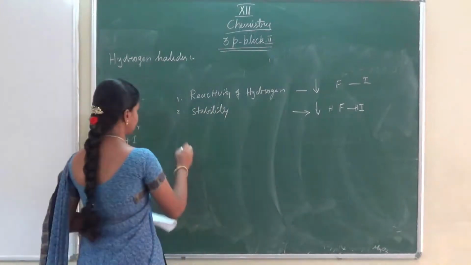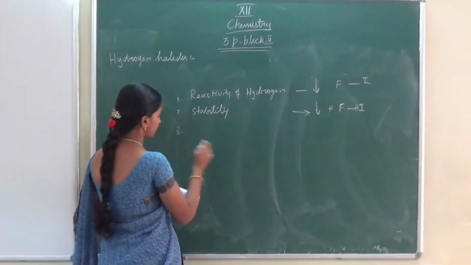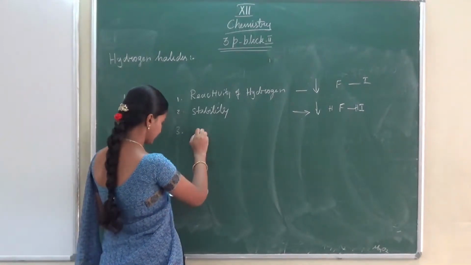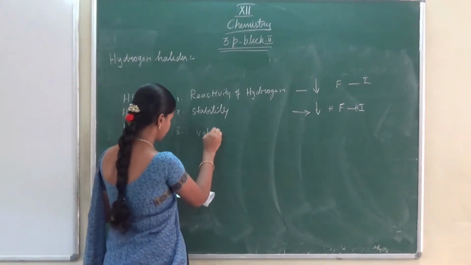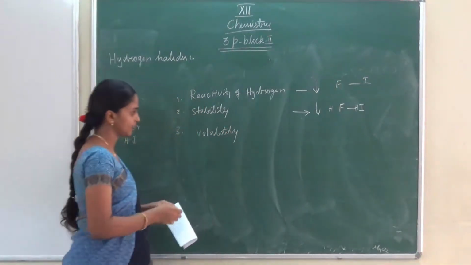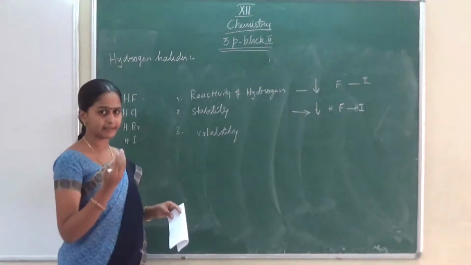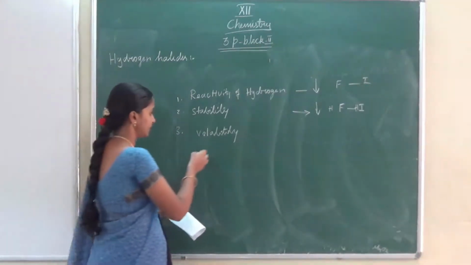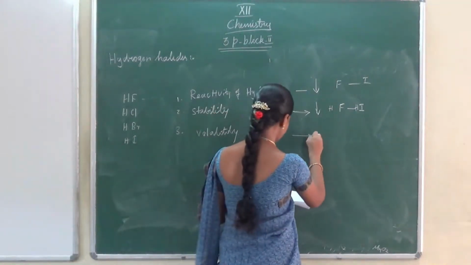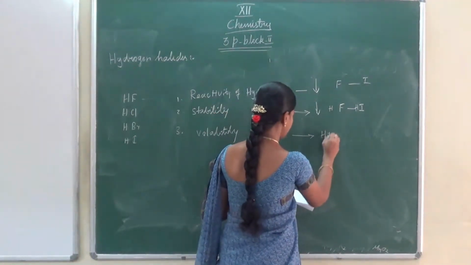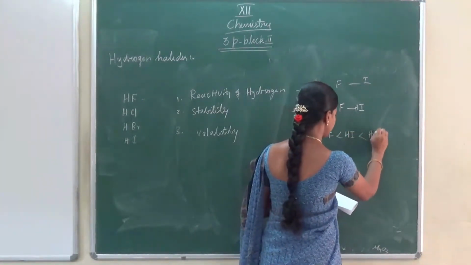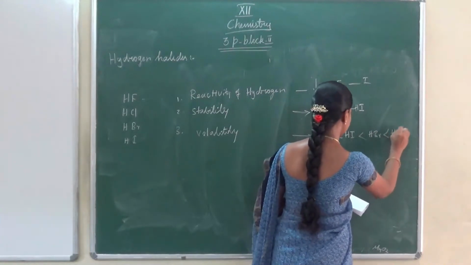Then volatility, where the order changes. What is volatility? It is how easily a substance evaporates. Here the order is HF, HI, HBr and HCl.